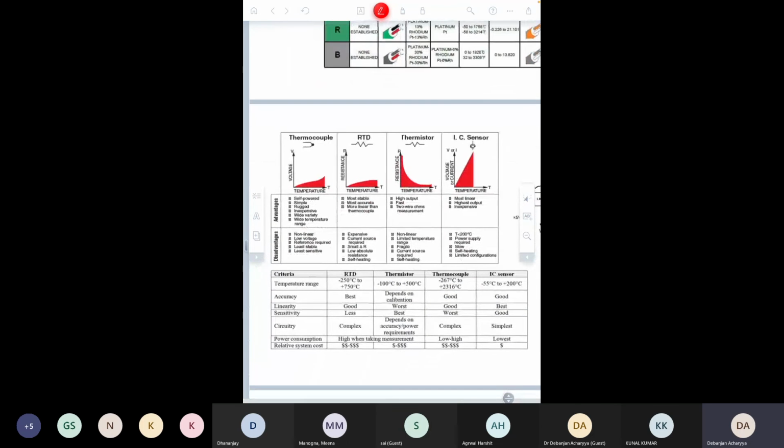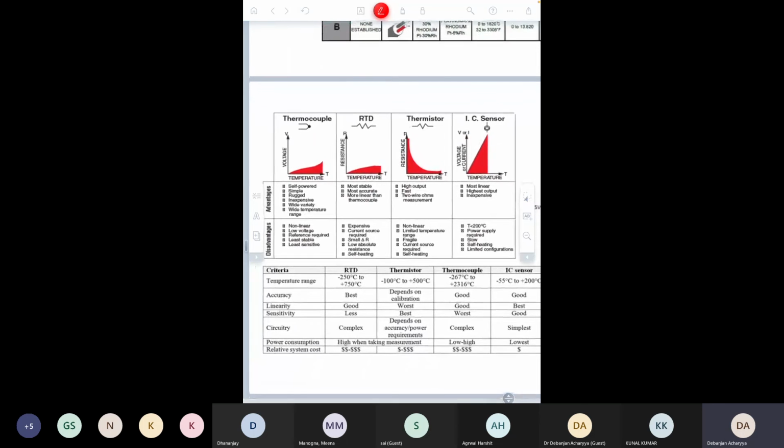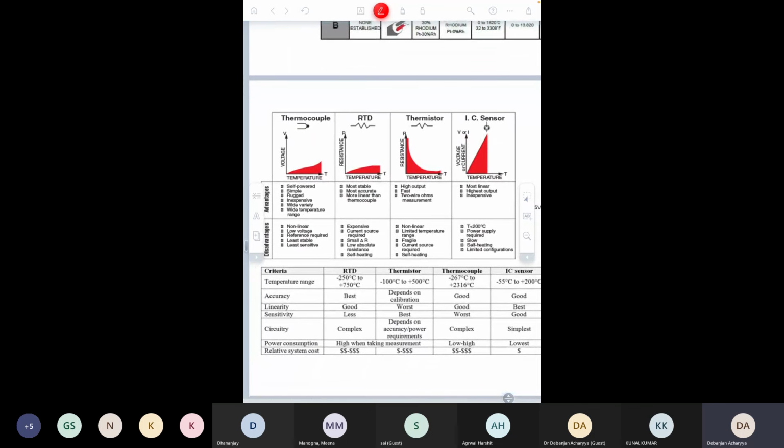Now if you come to a comparative study between these temperature sensors, it will look something like this. Thermocouple is generally used for high temperature measurement, greater than 2000 degrees Celsius, or maybe for example 1000 degrees Celsius.